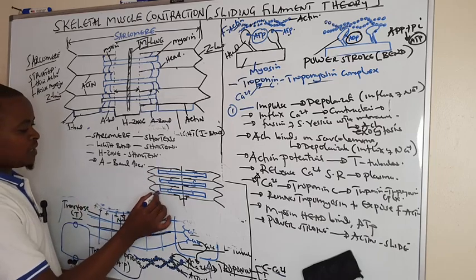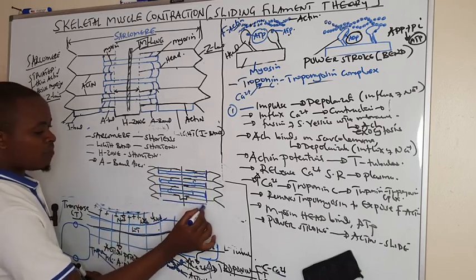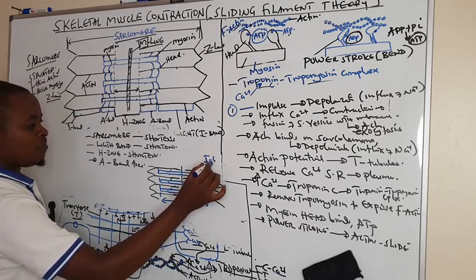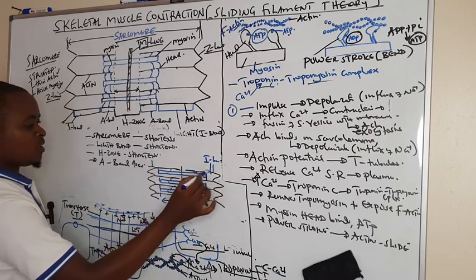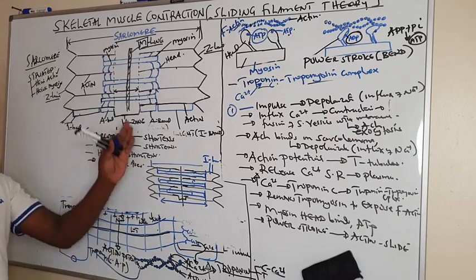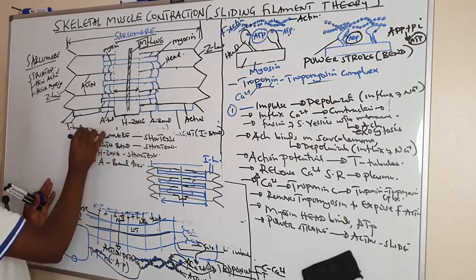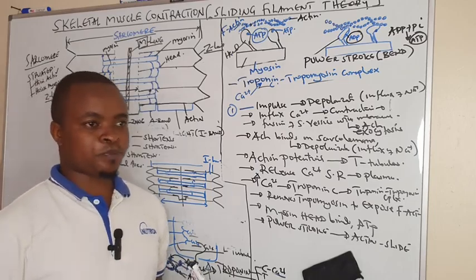So this one is the light band. Then you can appreciate the darker band increases. Then the light band, what you are calling the I band, decreases, and the sarcomere shortens compared to this. That is what happens during muscle contractions.